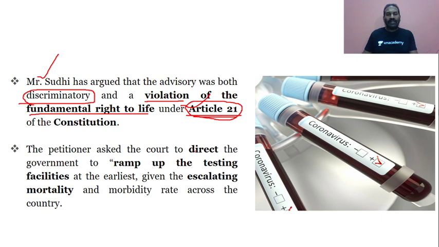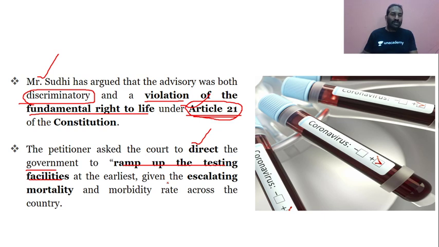And then the petitioner has asked the court to direct the government to revamp the testing facilities, because he says it is the need of the hour to go ahead with more testing facilities, as there are more mortalities taking place and deaths are surging.